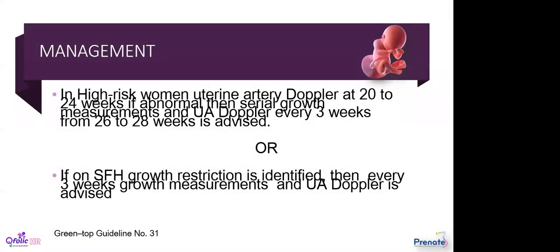So how should we manage these babies? Management starts with the identification of the problem. When we identify these babies earlier, we can manage properly and we can deliver the baby on time.